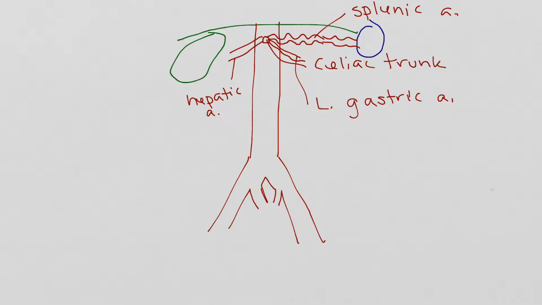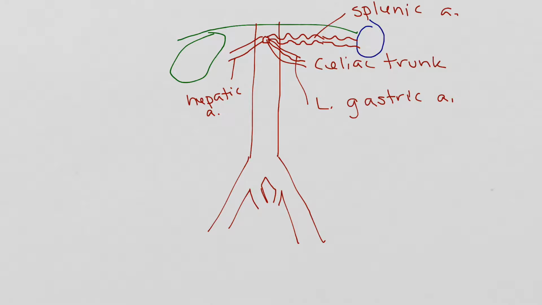So just to recap those, the celiac trunk is a branch off of the aorta just inferior to the diaphragm. The celiac trunk then branches to give us a hepatic artery that heads to the right towards the liver, a splenic artery that's kind of curly and pigtail looking that heads over to the spleen, and a left gastric artery that's headed over to the stomach. The stomach is not drawn in this picture because it was just getting a little messy.